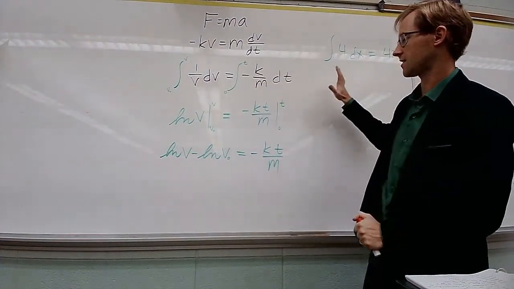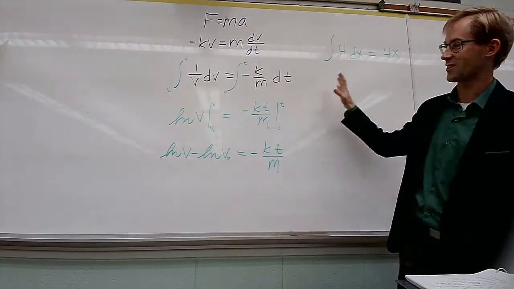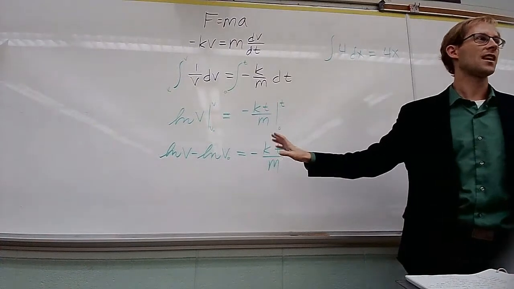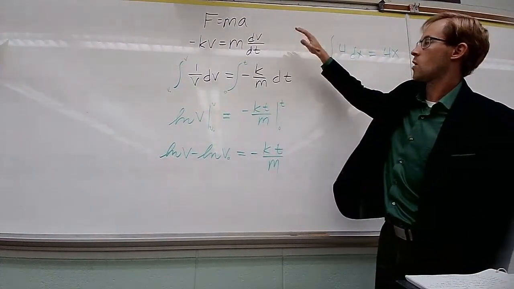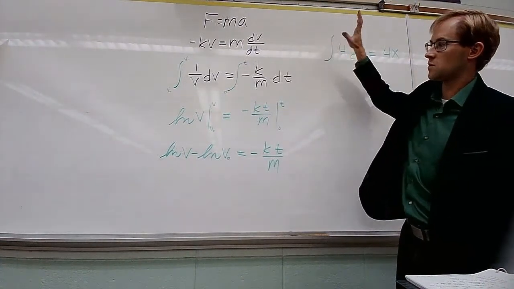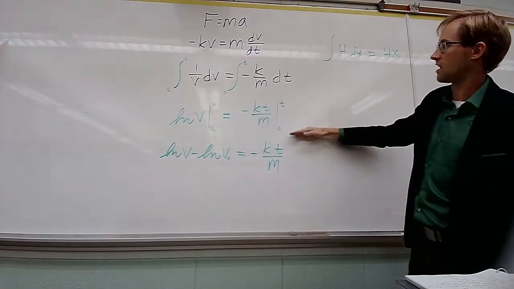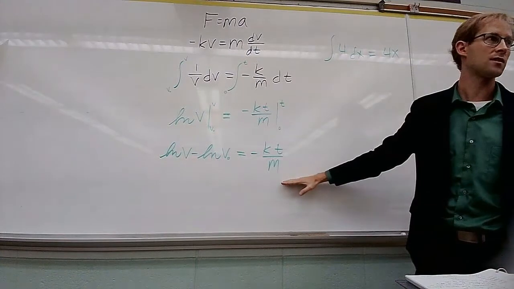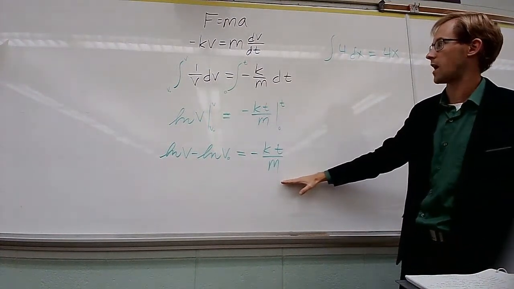So what I was going to say is, if I had this problem on an AP test and I was fortunate enough to get this far, I would probably just call it right here. Because for those math problems, most of the work, let's say it's worth 10 points, up to here is probably 8 or 9 of those 10 points. Going beyond this would be just pennies.